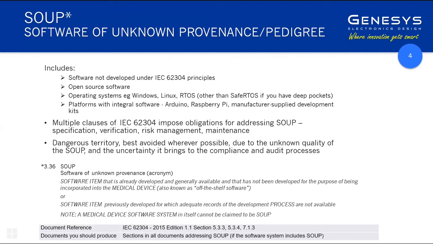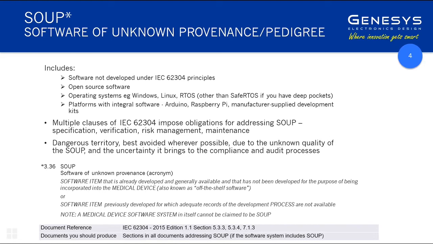And then there are also platforms with integral software like Arduino, Raspberry Pis, etc. There are multiple clauses in 62304 that impose obligations for addressing SOUP: specification, verification, risk management, maintenance. It's effectively dangerous territory, and it's best avoided where possible, because if you avoid the SOUP, you don't have to worry about the implications that the SOUP raises, which is really the added risk that comes into play.